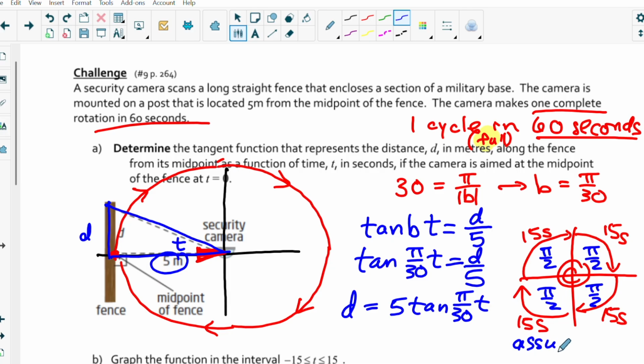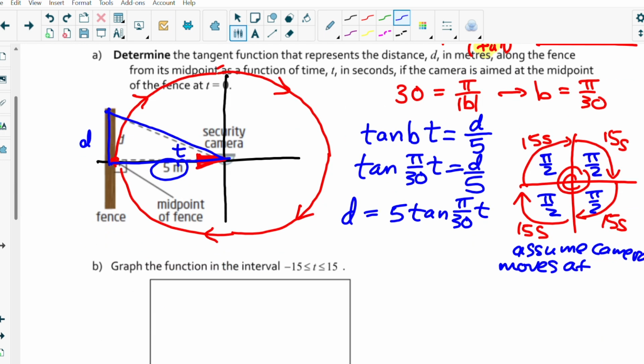We assume, like most cameras do, that the camera moves at a constant rotational speed.